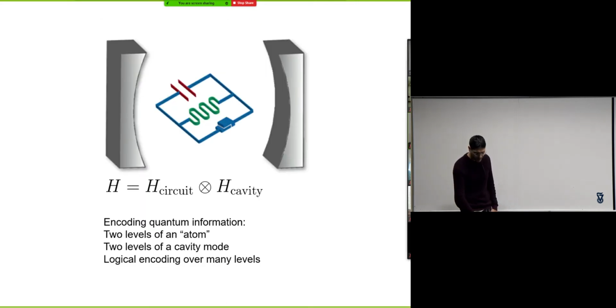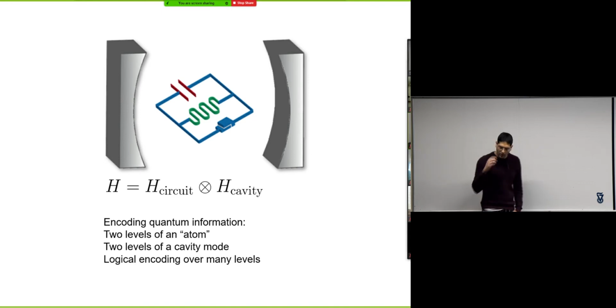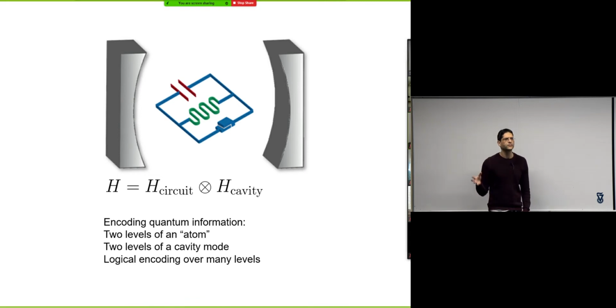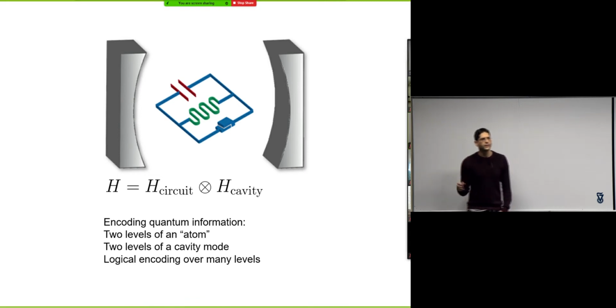The flow of the whole lecture was that if you take this atom and put it in the cavity, you can find where to encode your information, either in 2 levels of the atom, or in the levels of the cavity, just like in cavity QED, where you can use the 2 levels of a harmonic oscillator. So you have full control.